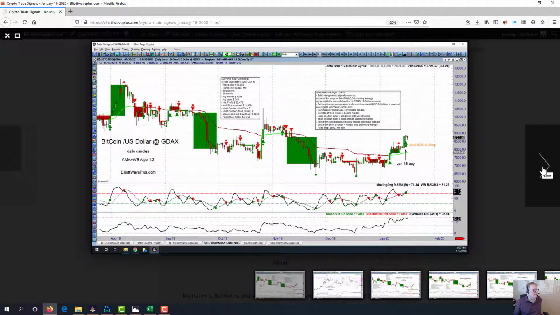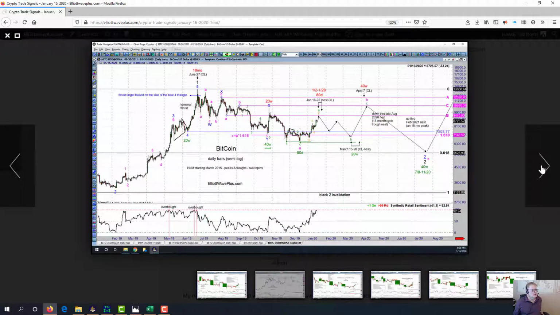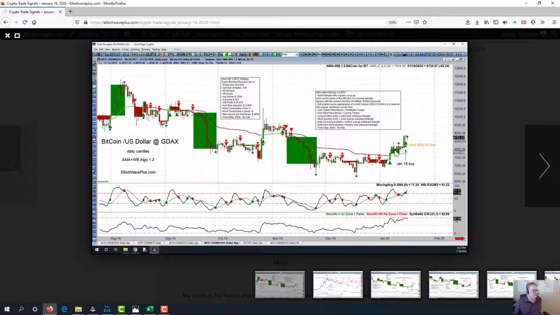And you can see we have Bitcoin also included, and that includes trade signals that you get on Bitcoin. The big green boxes are winning trades, the red background boxes are losing trades. As you can tell, the momentum algo is designed to catch those big moves and stick with the trade through most of that move.